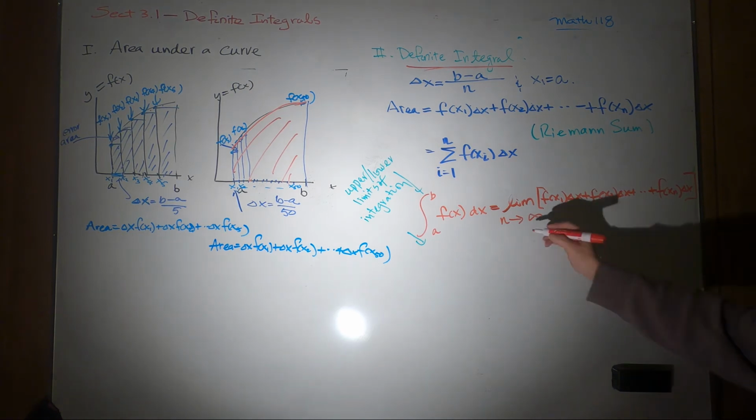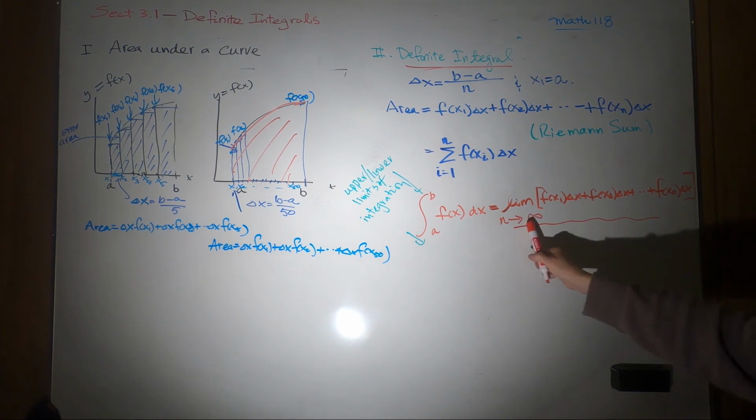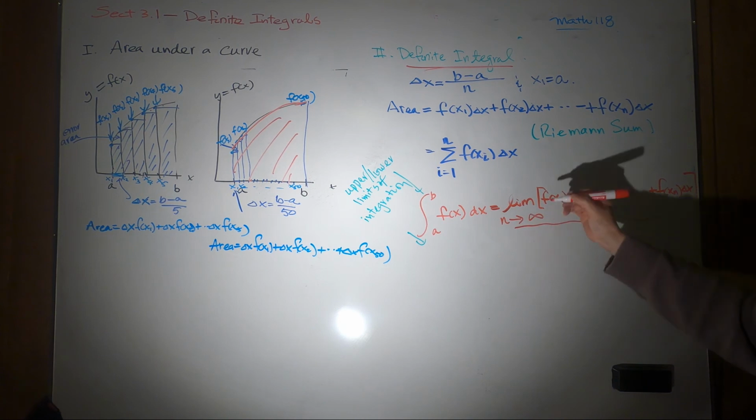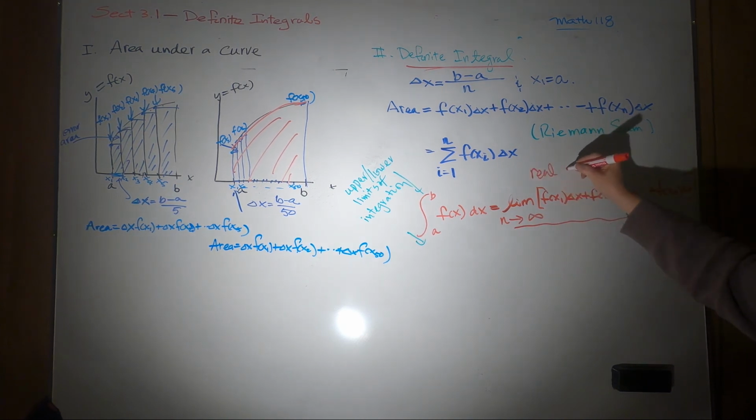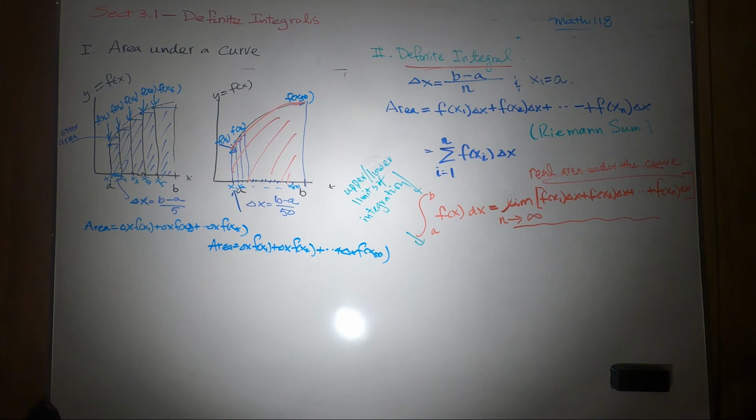Okay, so when this situation occurs and n approaches infinity, then that will be your what? The real area under the curve, right?